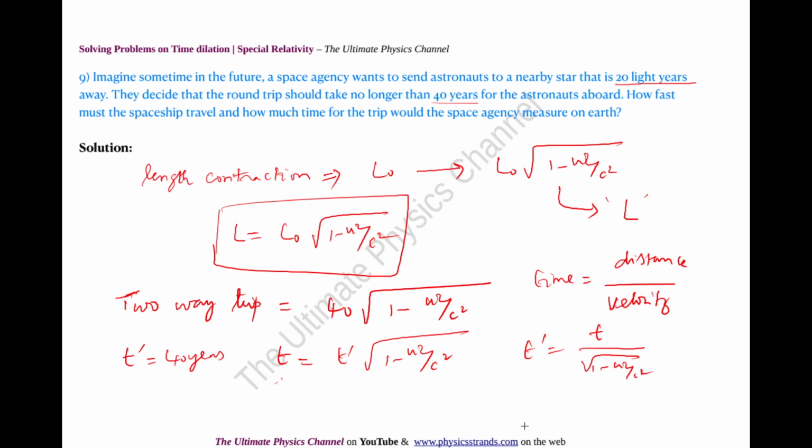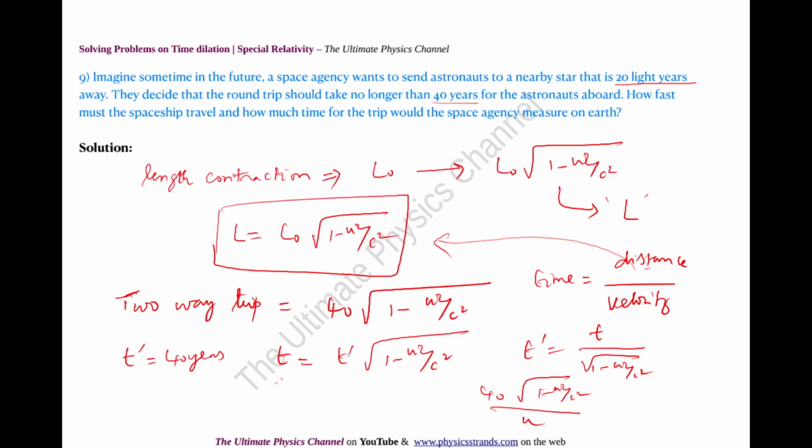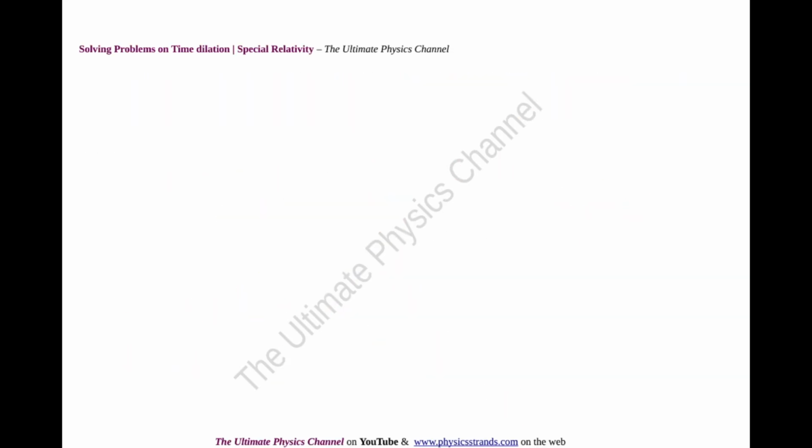So here we have the distance modified as 40 into 1 minus u squared over c squared, by the velocity, which is u. So using that we can try to solve this.